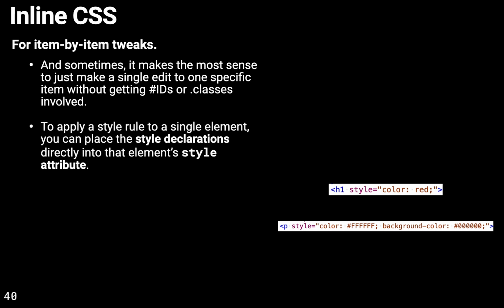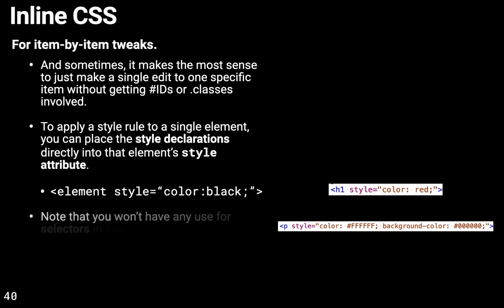So to apply a single style rule in a single element, or multiple style rules, it's possible. You can just place the style declarations like you do inside the style rules inside an element's style attribute. So element, whatever you're doing, like paragraph or whatever, style equals those same declarations, right?